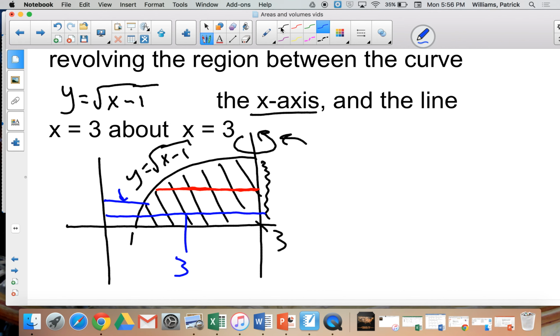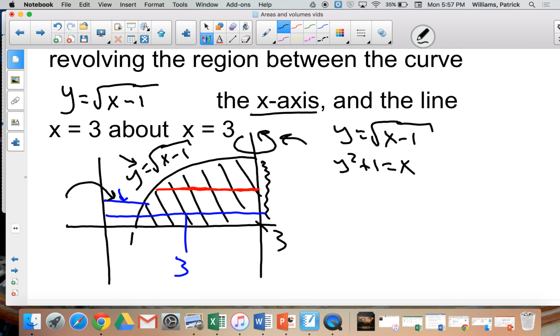Well, we've got to convert this function from y as a function of x to x as a function of y. So if we have y equals square root of x minus 1, this gives us y squared plus 1 equals x, and that's going to be what that distance is right there. That distance will be that exact same function, y squared plus 1.